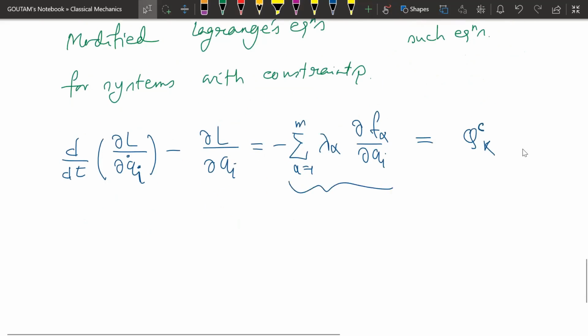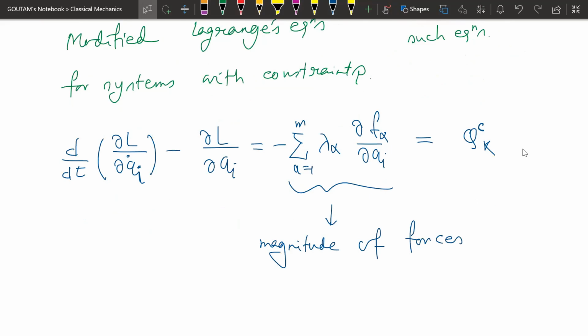This term is basically the magnitude of forces needed to produce individual constraints.